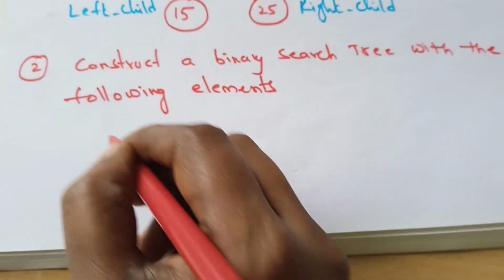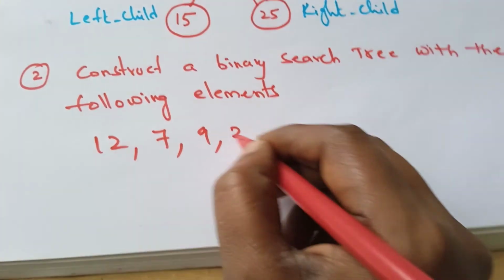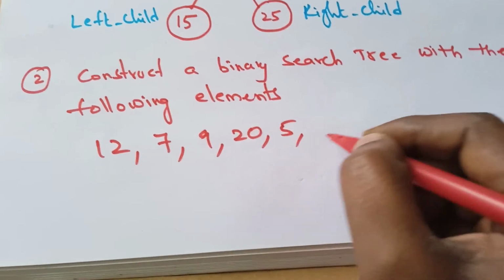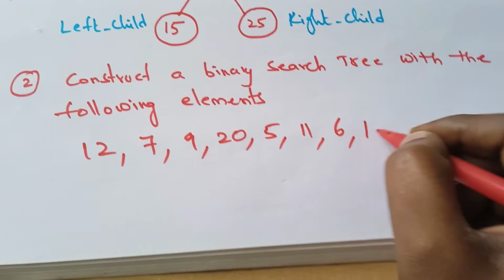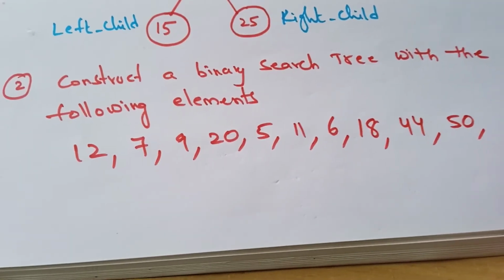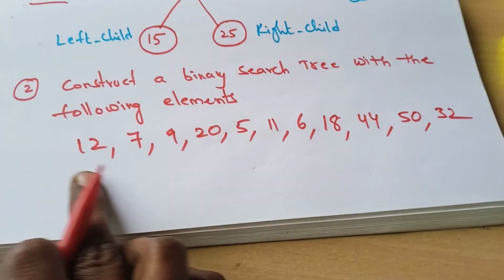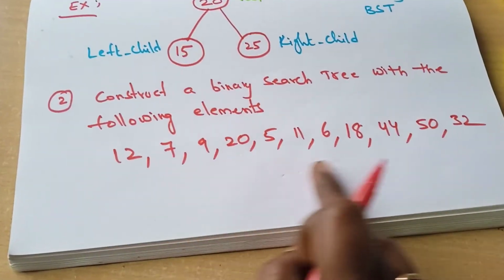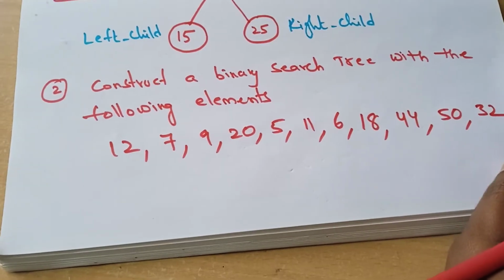Those elements are 12, 7, 9, 20, 5, 11, 6, 18, 44, 50, 32. Consider these elements to construct the binary search tree. Now let's see how we have to construct the binary search tree.